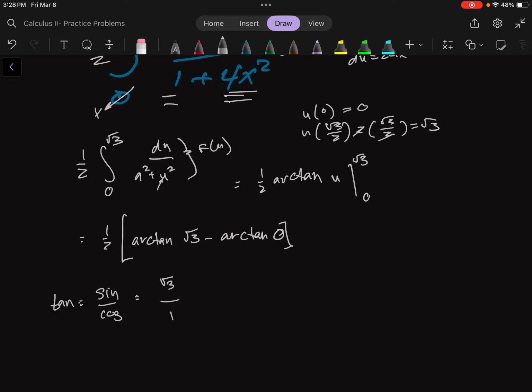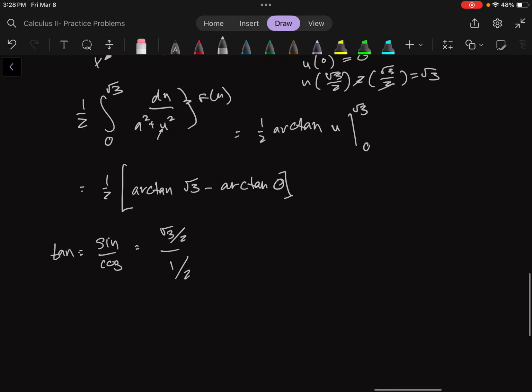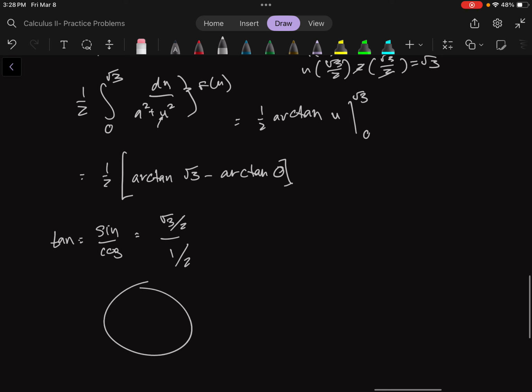The trick is that if you put both of these over 2, you have much more recognizable values. So where on the unit circle does sine equal square root of 3 over 2, or cosine equal 1/2? That happens right here at pi over 3, because sine has the big leg of the triangle, cosine has the little one, 1/2, and square root of 3 over 2. And they're both positive, so we're in quadrant 1.